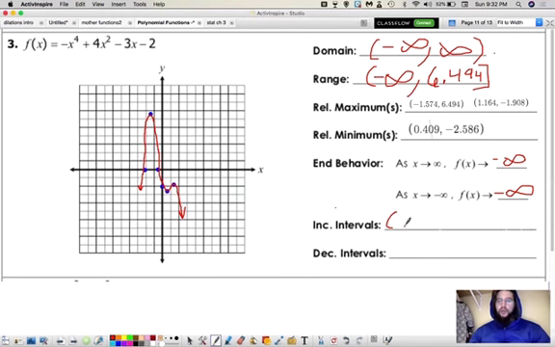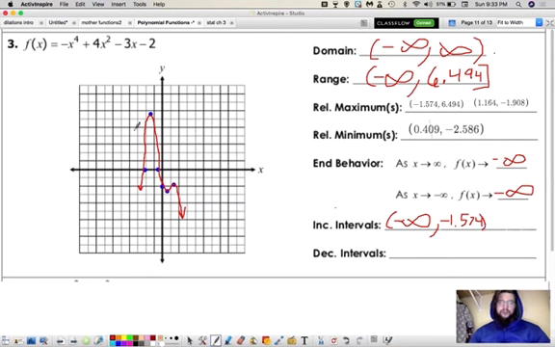We don't include these values because at this maximum, is it going up or is it going down? Yes, no, I don't know actually. It's not going up or down, it's a point. Points don't go up and down, it's just there. Anyway, negative infinity all the way up to negative 1.574.